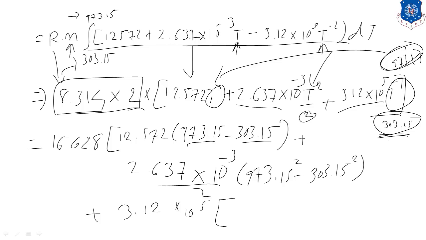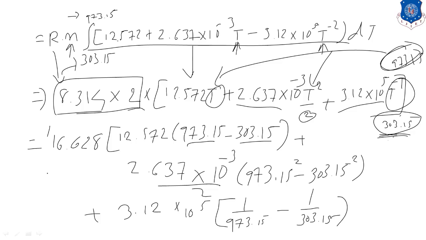T raised to minus 1 means 1 upon T. So 1 upon T can be given by 1 upon 973.15, which is the upper limit, minus lower limit, which is 1 upon 303.15.